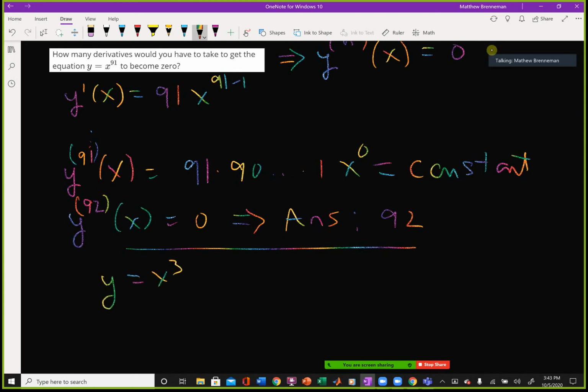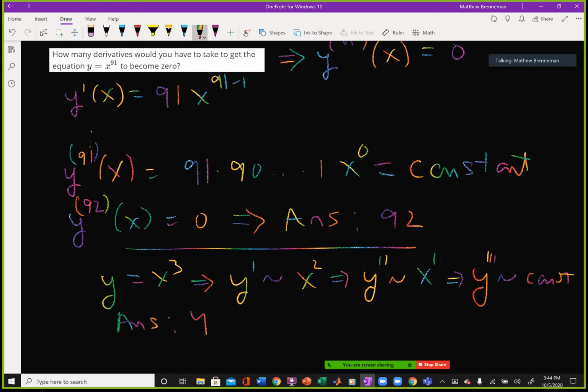If you do that, you'll see that y prime is proportional to x squared, and y double prime is proportional to x to the first, and y triple prime is proportional to a constant. So this tells you that your answer has to be 4. And you notice, of course, that 4 is 1 more than the value of the exponent. So then you might use that as a guide for your intuition on this problem.